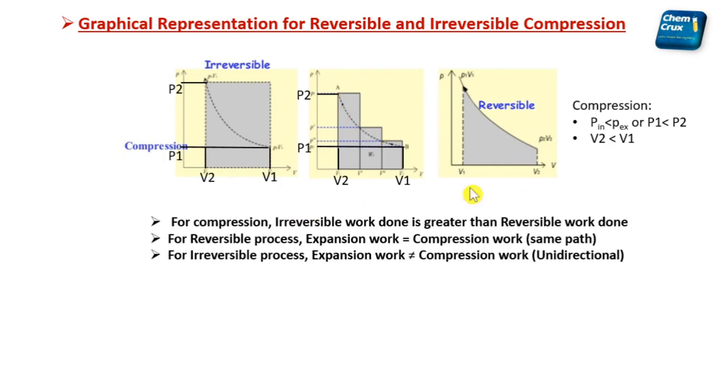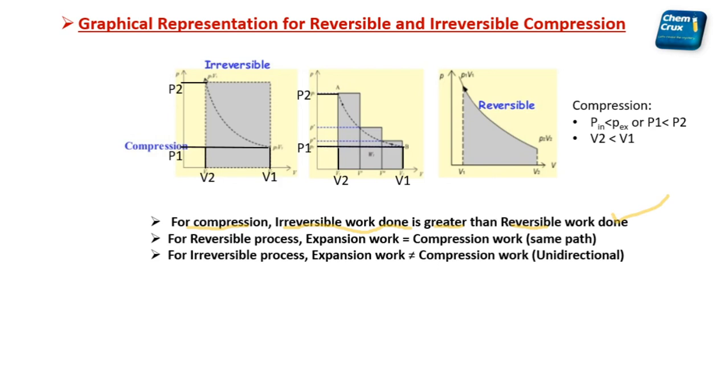Now as we have seen for compression, the irreversible work done is actually greater than the reversible work done. So as we can see from our graphical plots, the area obtained under irreversible compression is much greater than that of the reversible compression. So the statement is correct.